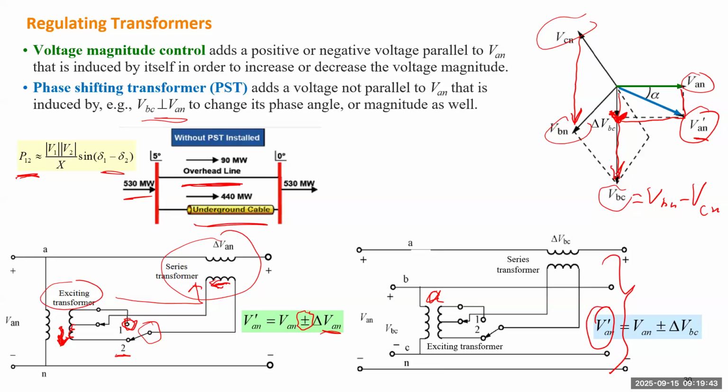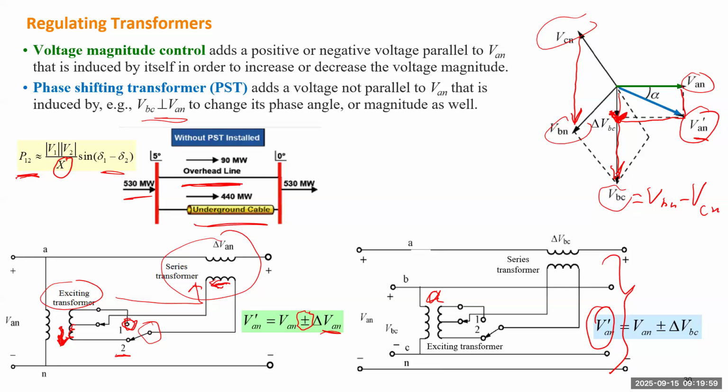After we finish this section, we move to the next section about line parameters. I will explain why underground cable has smaller reactance compared to overhead line, even for the same length.